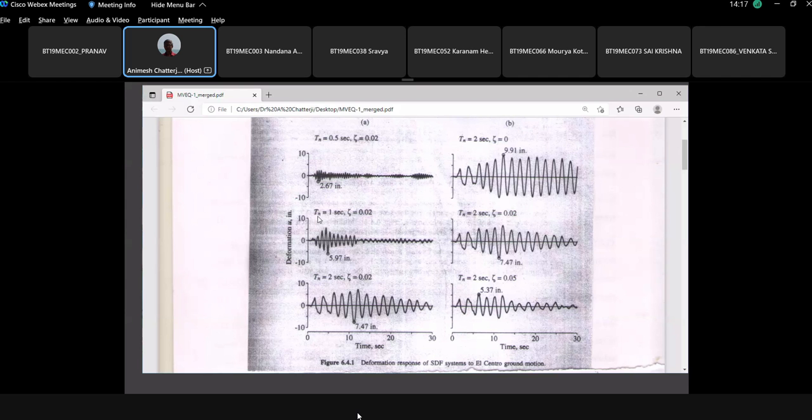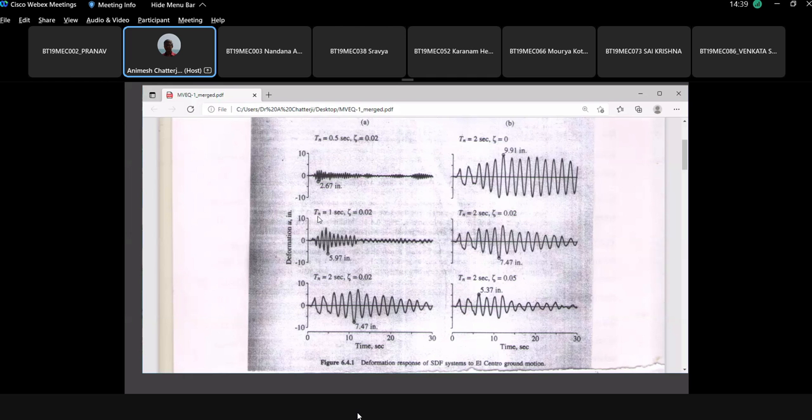So Tn indirectly represents natural frequency, because natural frequency can be calculated from time period. They are connected to each other. I don't know why in America people like Tn rather than omega n.